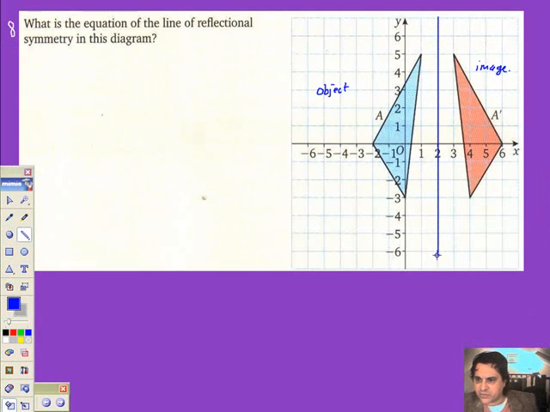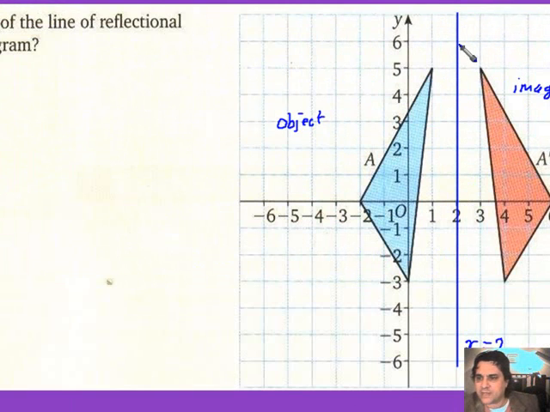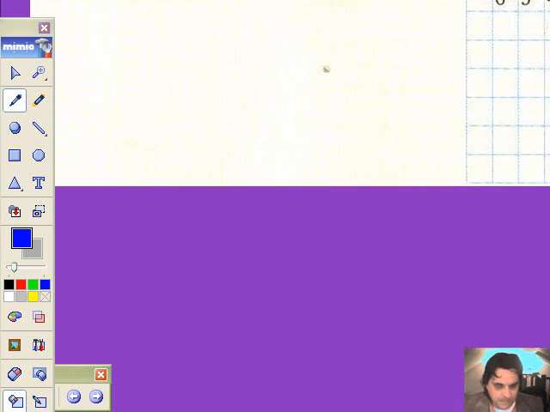So just draw it down there, and you should know that is the line x equals 2. All the coordinates on that line have an x value of 2: 2, 6, 2, 3, 2, minus 3, 2, minus 4, etc. That's the correct line, x equals 2.